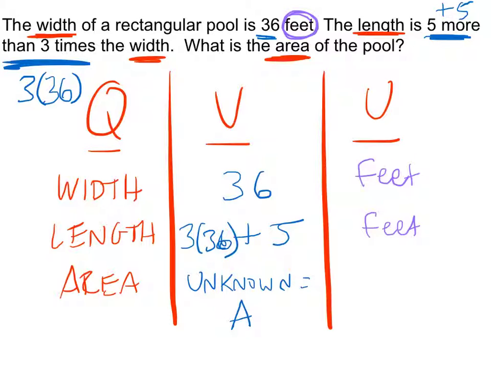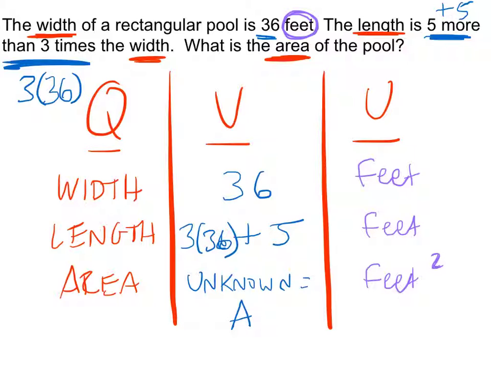What units do we use for area? Area is a two-dimensional quantity, so it has 2 different dimensions. It's not just going to be feet, it's going to be feet squared, because it's a two-dimensional measurement.